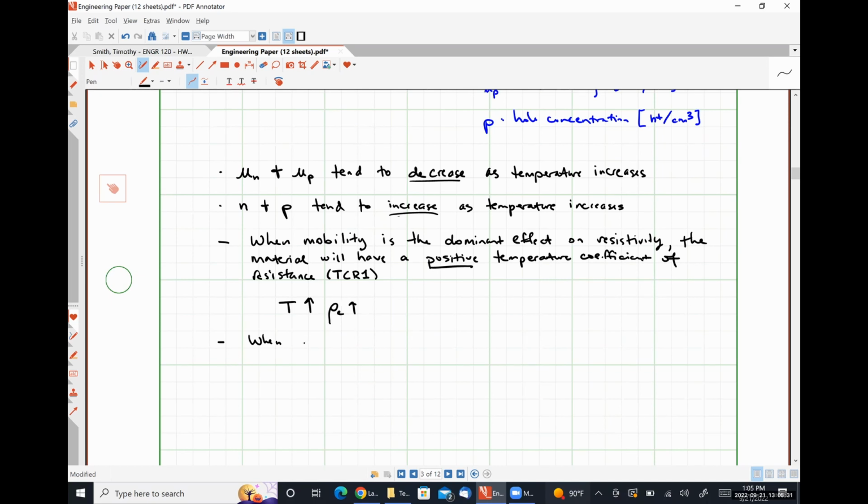When carrier concentration is the dominant effect on resistivity, the material will have a negative TCR1.